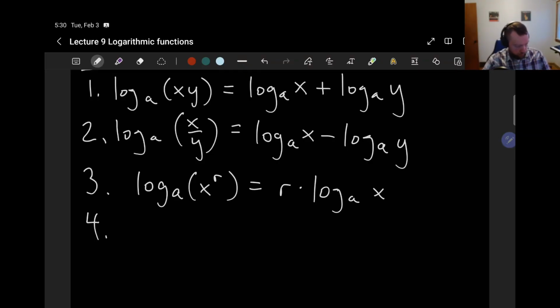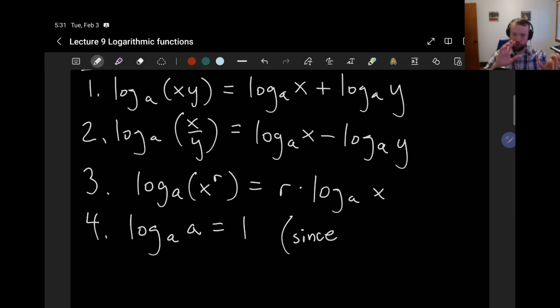All right, these next two are just special particular values. Say I have the function log base a of x. So if I plug in a for x, same as the base, this will always be 1. And the reason for this, if you think in terms of exponentials, is because a to the 1 is always a.